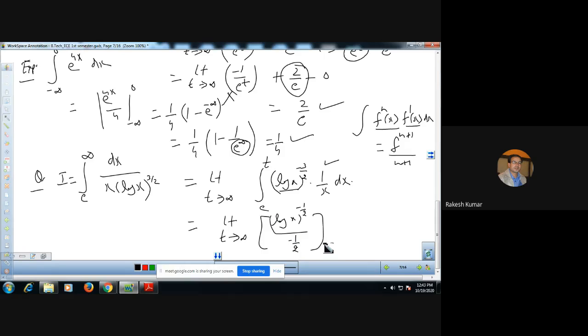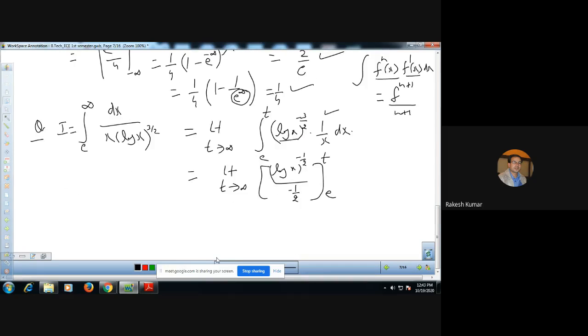And you can substitute the limits. The limits are e to t. And in the denominator, we have minus 1 by 2, which will become minus 2. Limit t approaches infinity. For upper limit t, it is log t raised to power minus 1 by 2, and for lower limit e, log e raised to power minus 1 by 2.